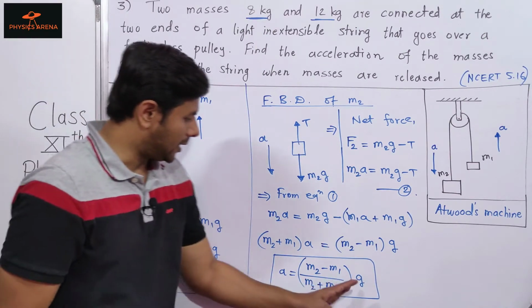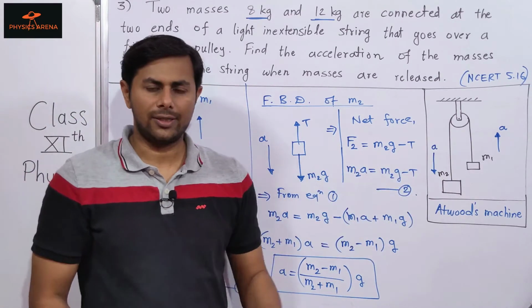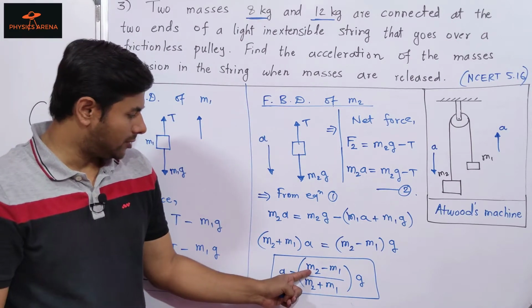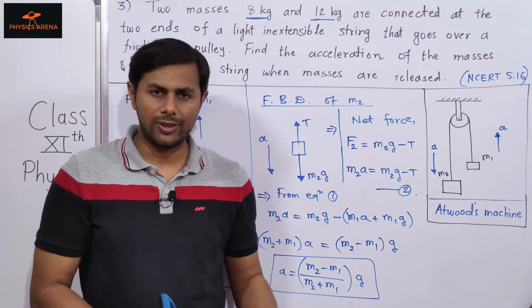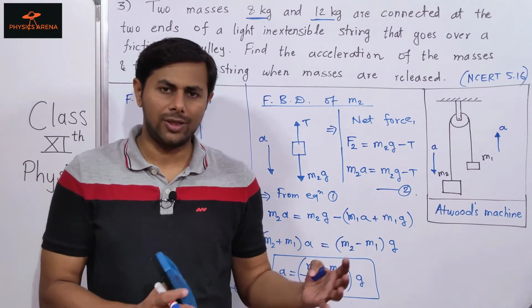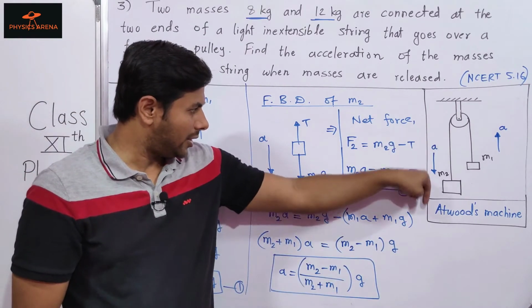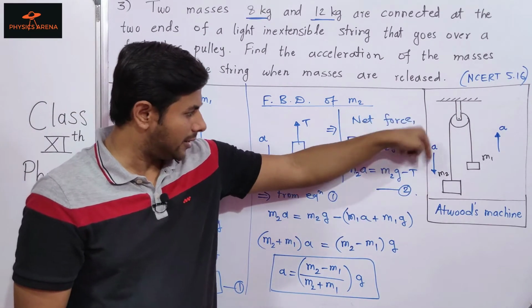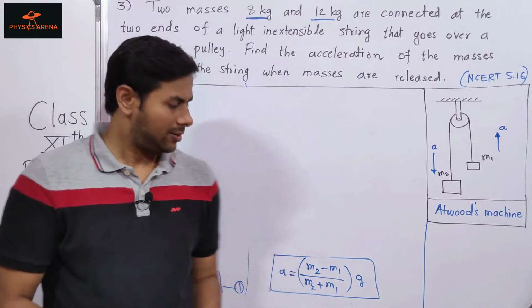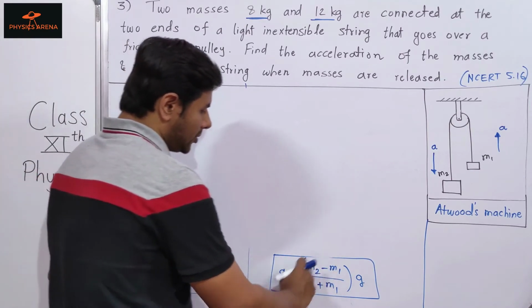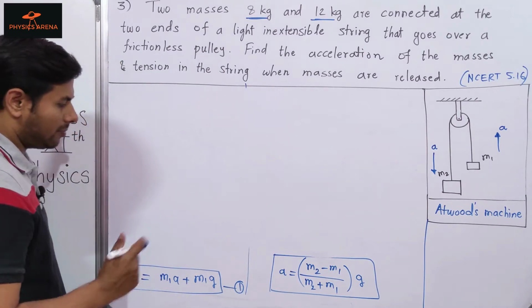Now we can check whether our considered direction is correct or not. So m2 is greater than m1, that means this numerator is going to be positive, that means acceleration is going to be positive, and therefore the direction that we have considered for A, downwards, is correct. Finally, let's put in the values of all these quantities to find the acceleration and tension in numbers.